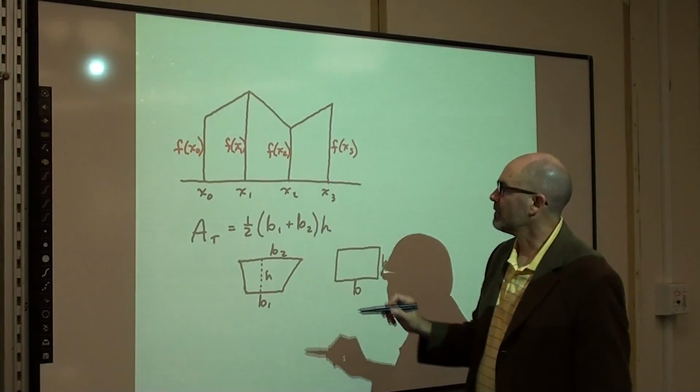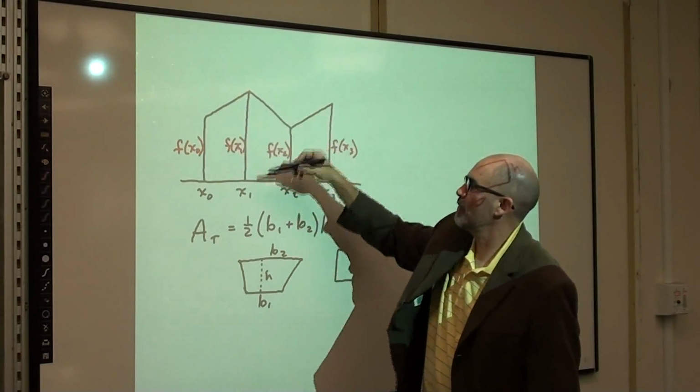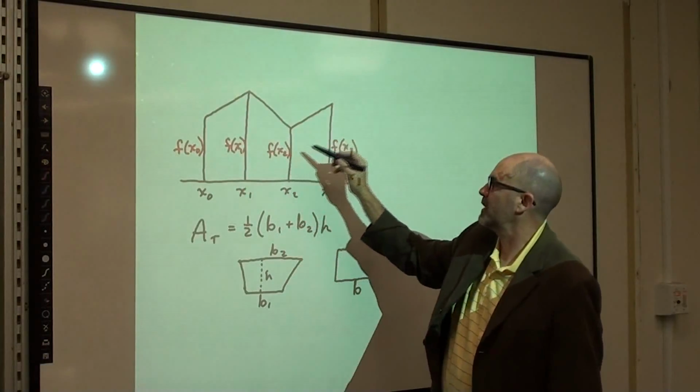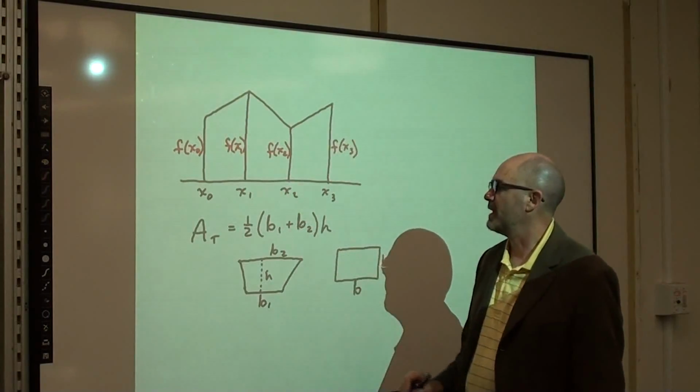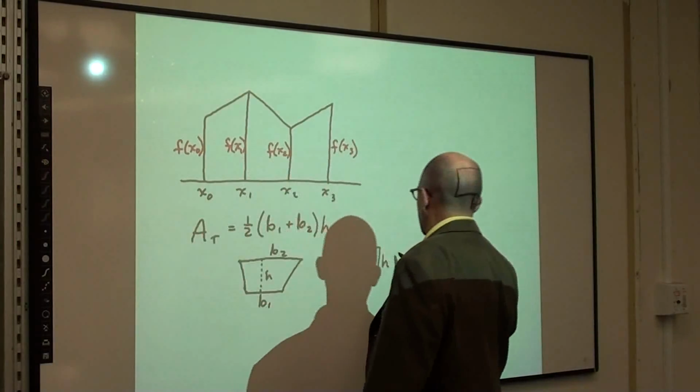Now, in this case, the bases are the vertical distances, so f of x sub 0, f of x sub 1, f of x sub 2, f of x sub 3 are the bases.